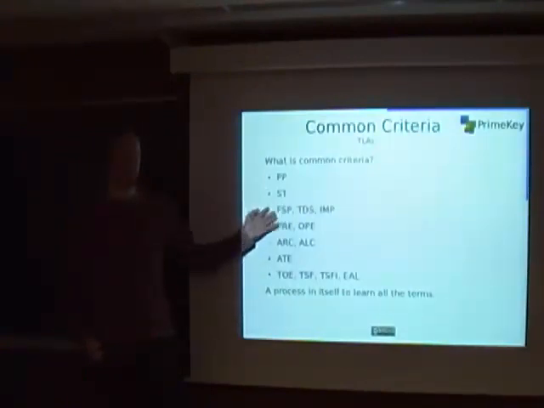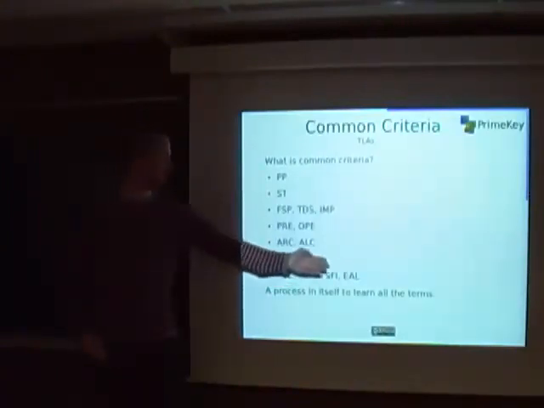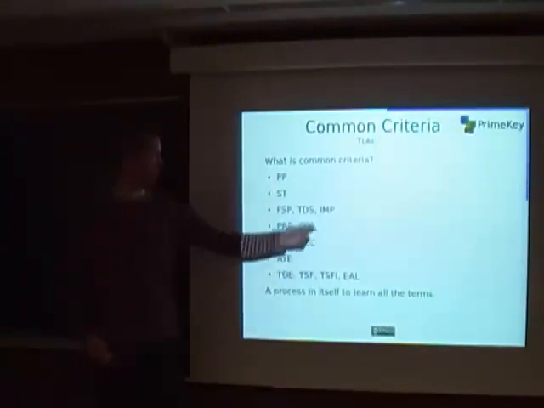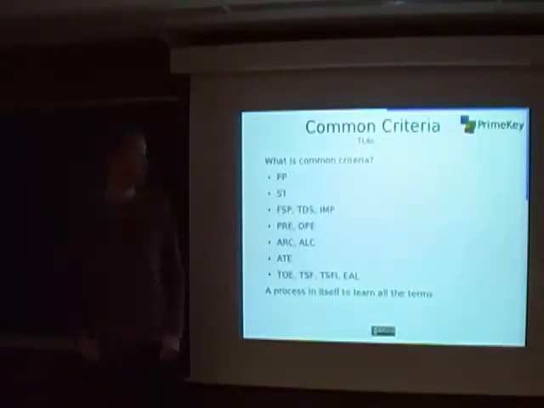There are all these three-letter acronyms and they reference each other, and it's very hard to remember what TSF or IMP, etc. is. And when you go through the evaluation, you get a message from the lab that says, you failed to document ARC_FLC1 in the FSP. And you say, what does that mean? So you have to Google to see, okay, what's the FSP? Ah, that was that. Do you know the meaning of all these which you have written?